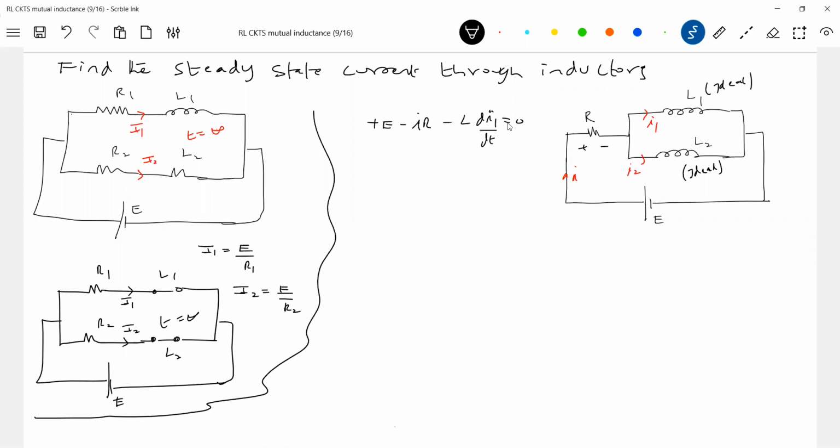Across the first inductor, and across the second inductor, plus E, minus IR, minus L2 di2 by dt. Equating these two, I'll end up with L1 di1 by dt equal to L2 di2 by dt. dt cancels out. L1 di1 is equal to L2 di2.